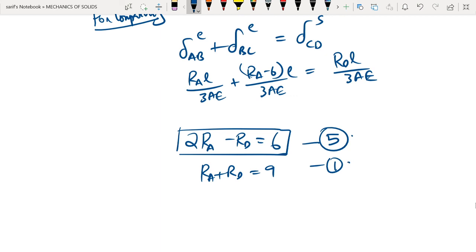So if we solve equation number 1 and equation number 5, we will get RA equal to 5 kilonewton, RB equal to 4 and RD equal to 4 kilonewton. So this is the solution.